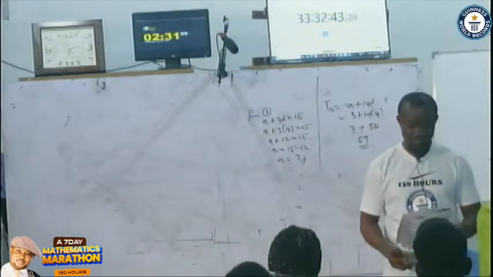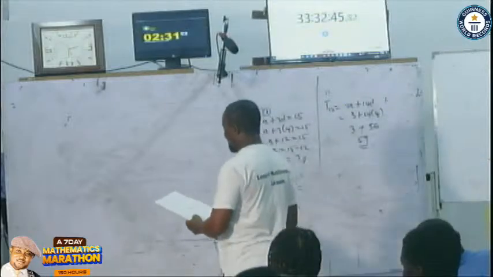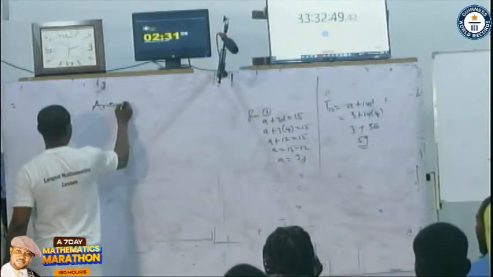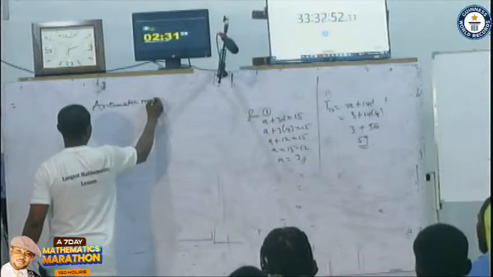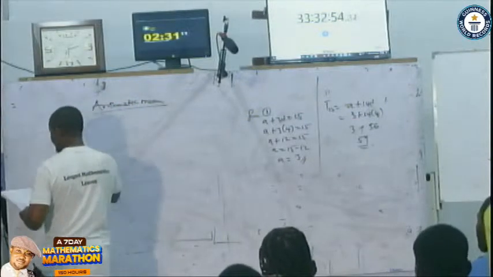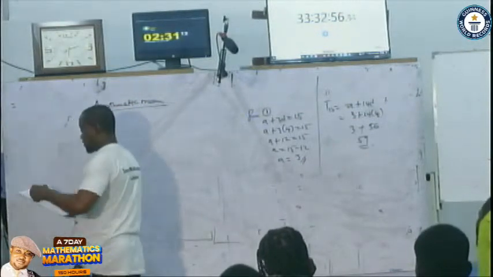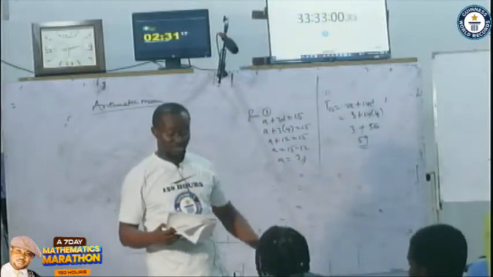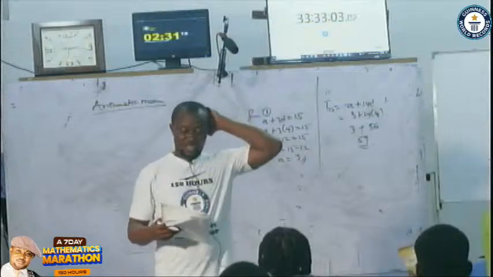So, arithmetic mean. The arithmetic mean of two numbers, P and R, is a number Q between P and R such that P, Q, R are in arithmetic progression.